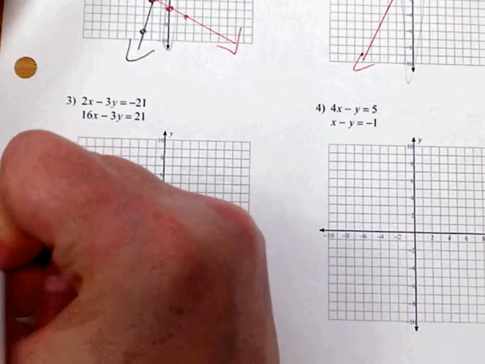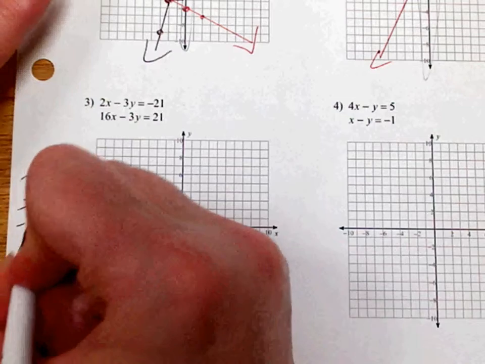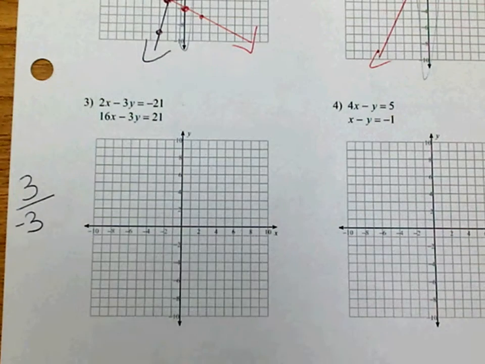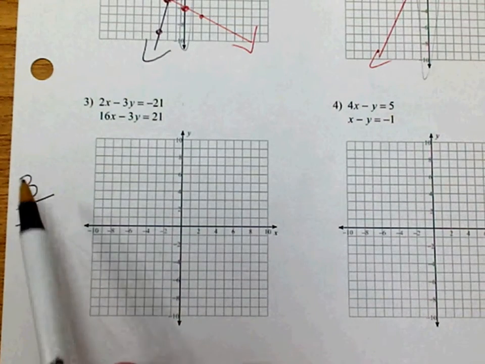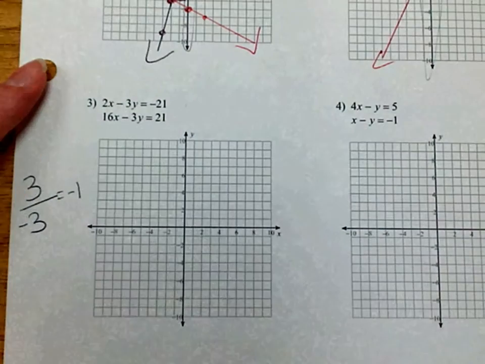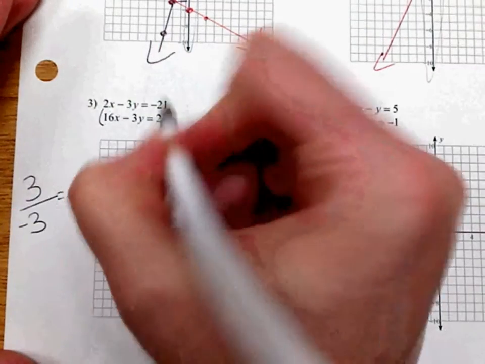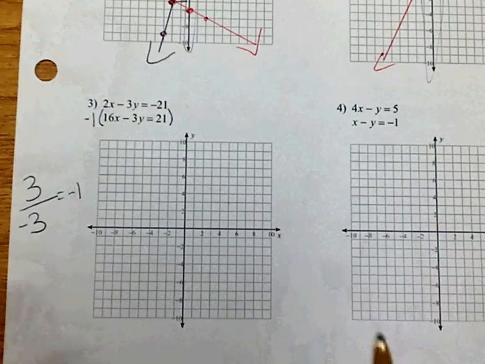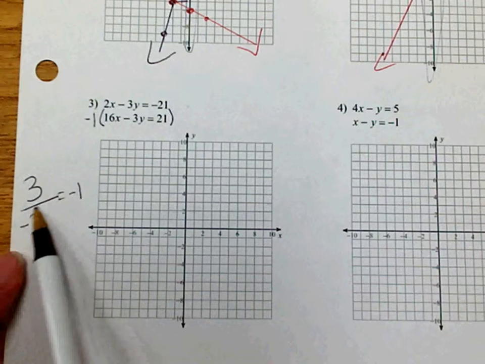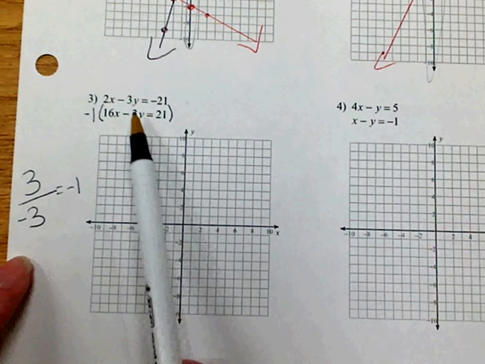What I want is a positive 3, and what I don't want is negative 3. So it's 3 divided by negative 3, which gives me negative 1. So that's what I'm going to be multiplying by, negative 1. I always multiply by the number that I don't want. I don't want that negative 3.